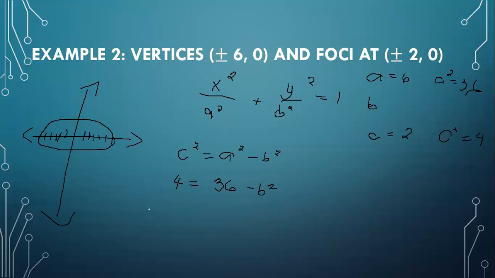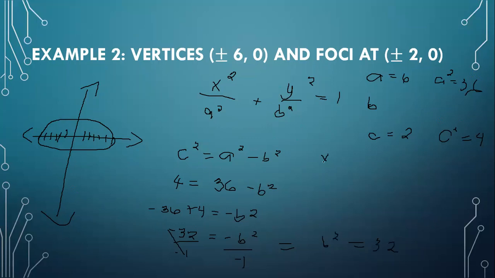Transpose or combine like terms: negative 36 plus 4 equals negative B squared. Negative 36 plus 4 is negative 32, equal to negative B squared. Divide both sides by negative 1. So we have B squared equals 32.